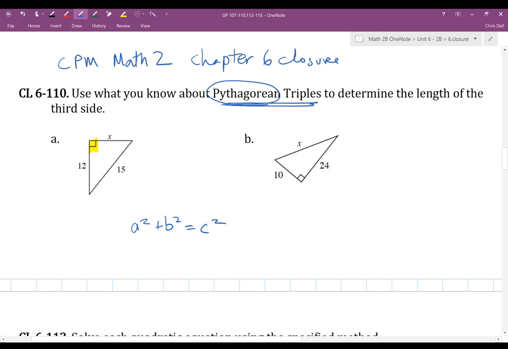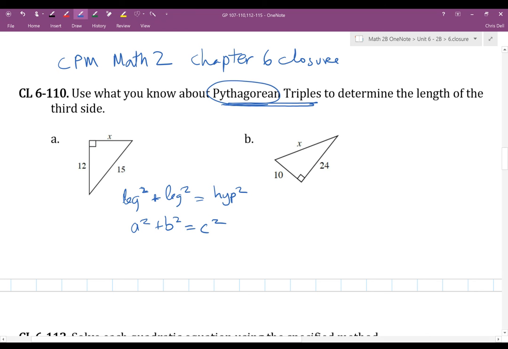In short, you take one of the legs and square it, then add the square of the other leg. The sum of the squares of the legs always equals the hypotenuse squared. The hypotenuse is the side opposite the 90, the longest side of your right triangle. So that's what a squared plus b squared equals c squared is.